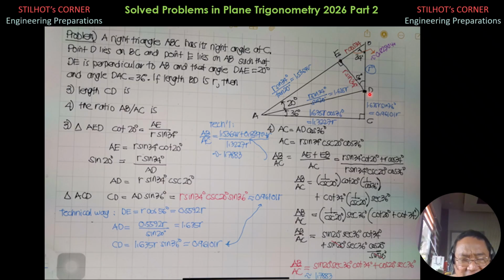So DE may be r cosine of 56, so it is 0.5592 r. I use a different angle because this is the technical way.